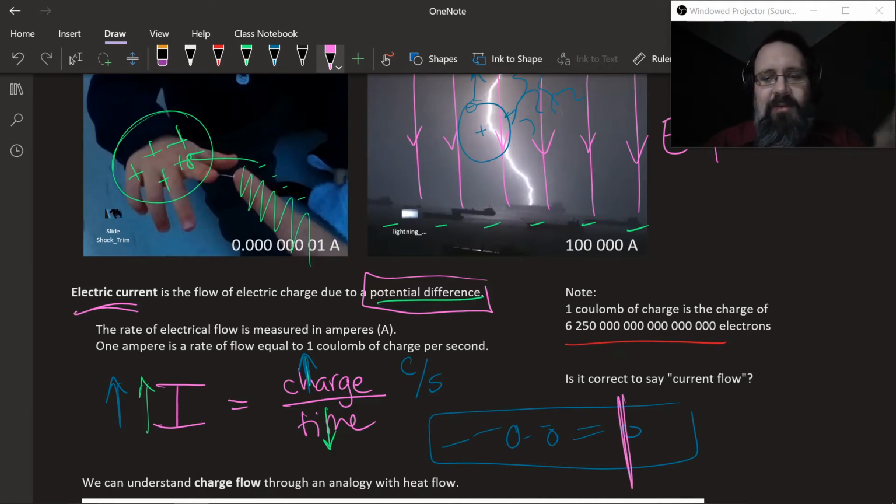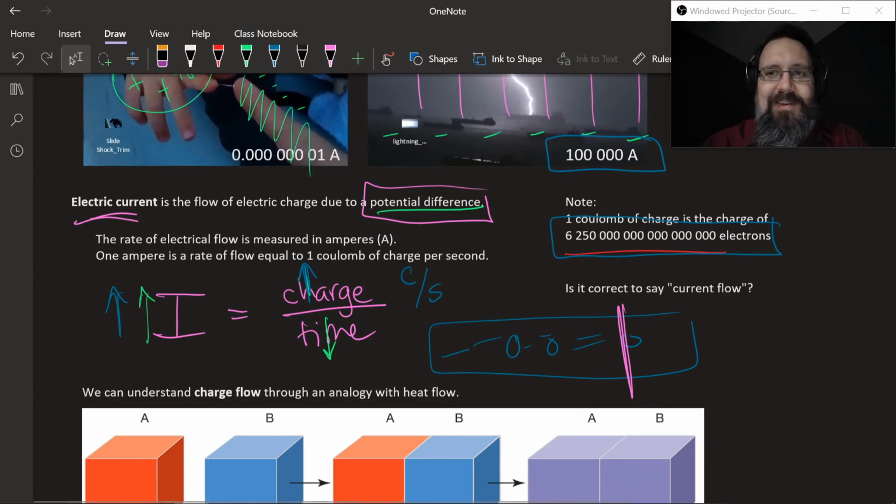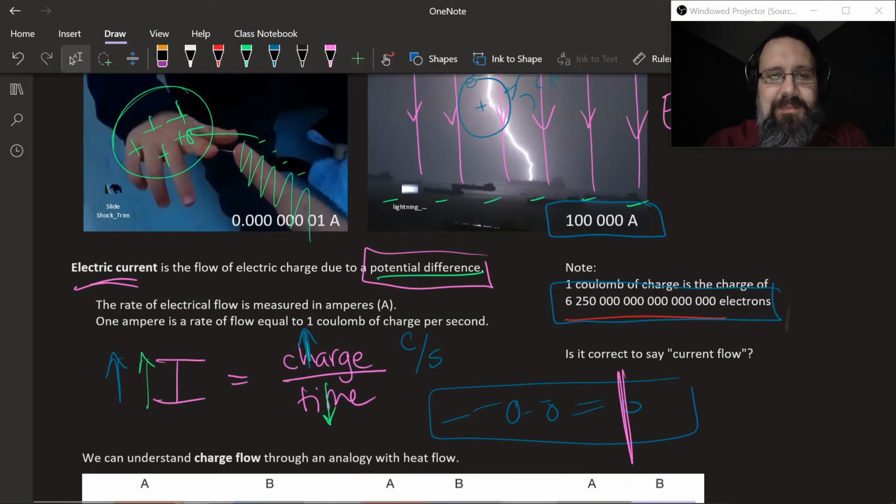So if you have 100,000 amperes, that means in 1 second, 100,000 coulombs of charge is passing by. Given that 1 coulomb is that many electrons, 100,000 coulombs per second is a ridiculously large number of electrons passing by.